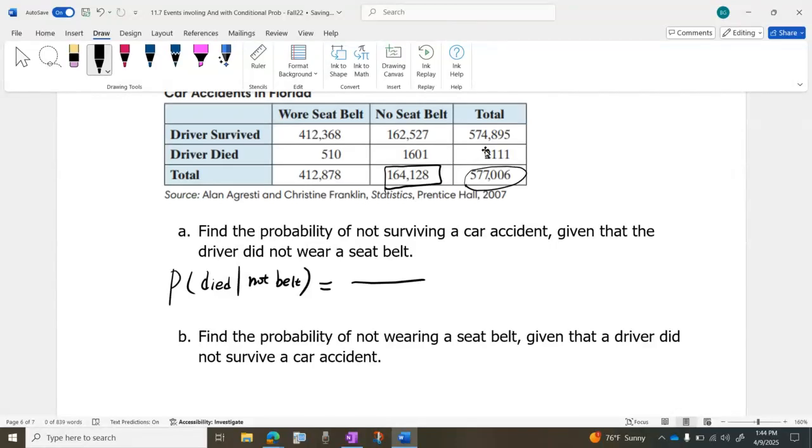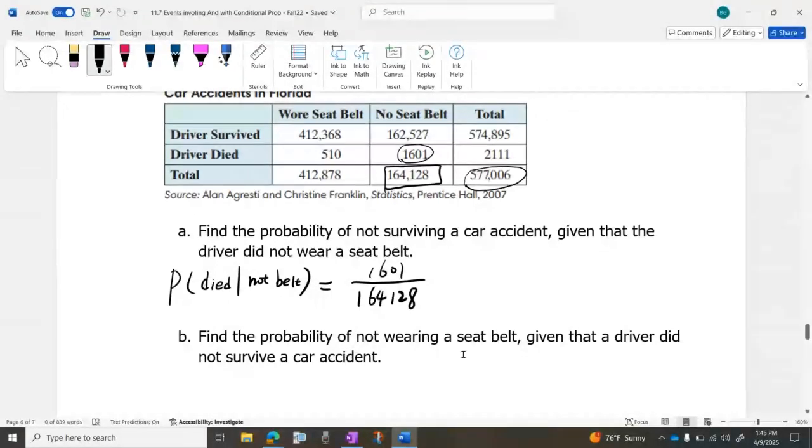So that's going to be our denominator. You can still see that as the sample space shrinking. With the condition, the sample space right now is 164,128. Among those people who did not wear a seatbelt, how many of them died? This many people died, 1601. And then you do the division, find the result. I'm going to leave the calculation for you.